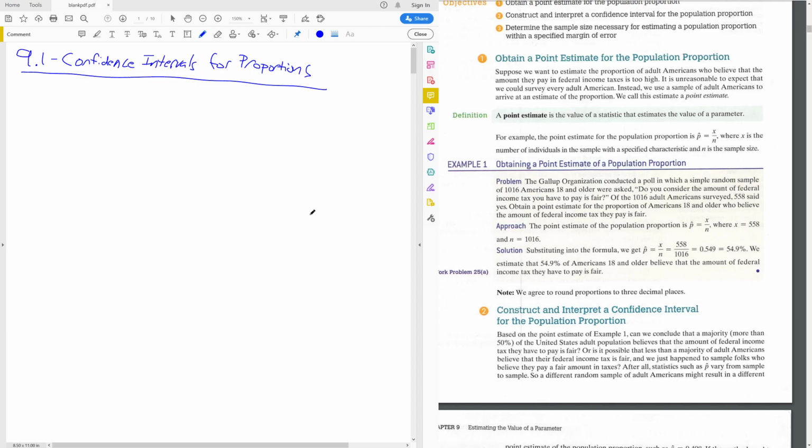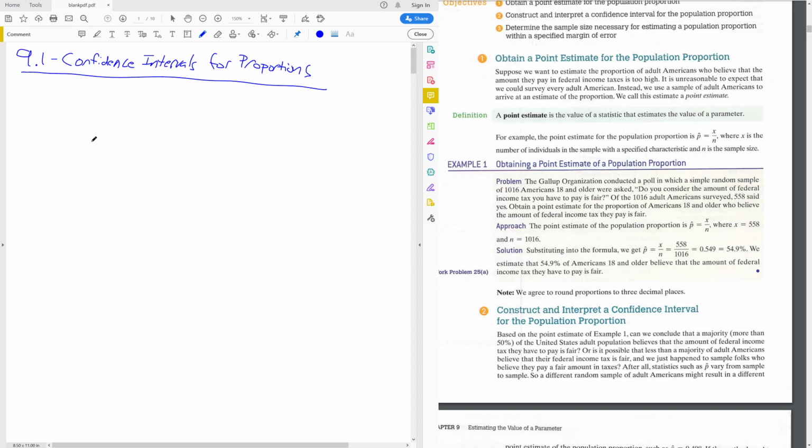There are too many people, so we're not going to ask everyone. We're going to take a sample of people, and that's going to give us an estimate for the actual proportion. That's the whole idea of statistics. The proportion we get from the sample is going to be an estimate of the actual population proportion.